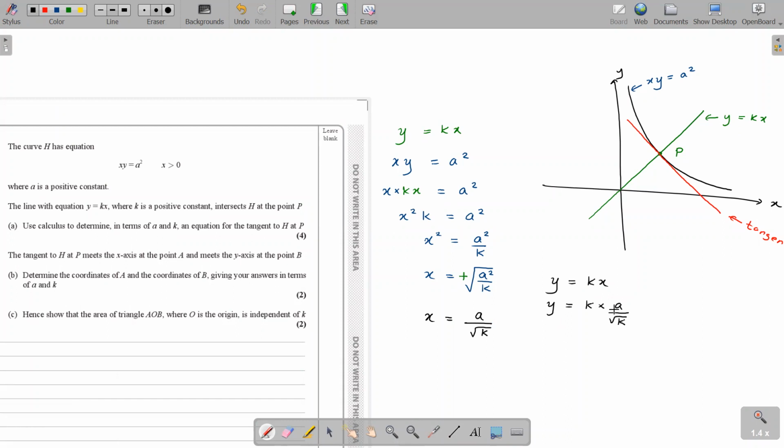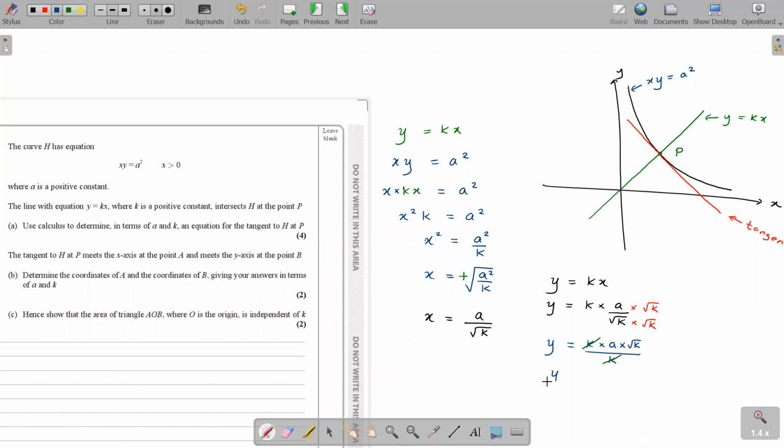So k divided by root k, what happens here? We can simplify this a little bit by multiplying up and down with root k. I end up getting y equals k times a times root k divided by root k into root k, which is k. And you can cancel out a k.